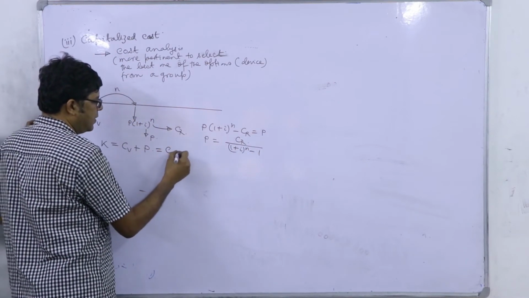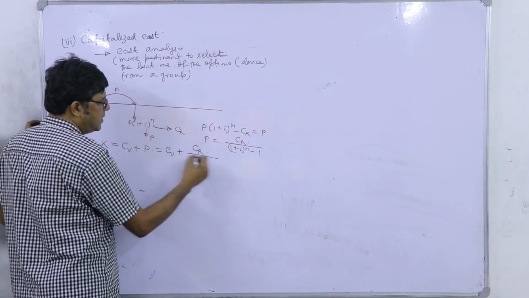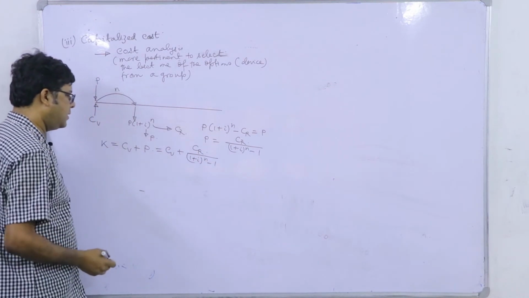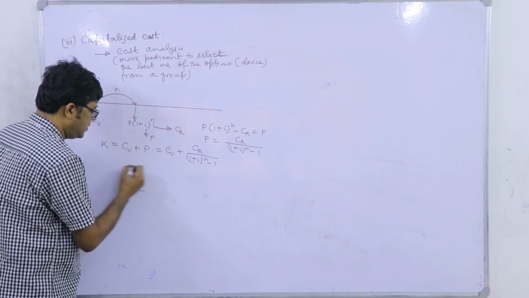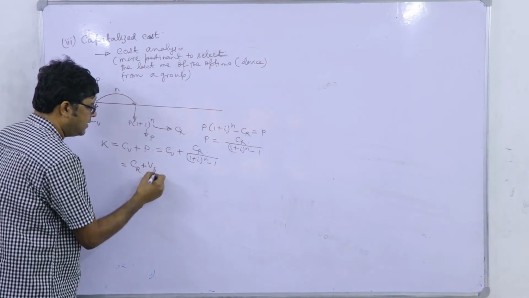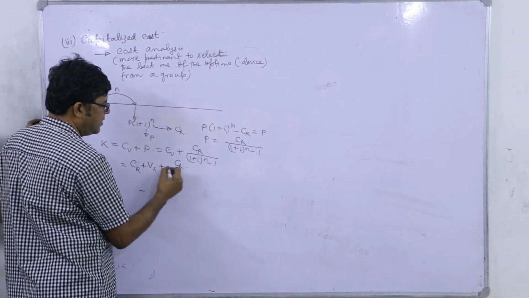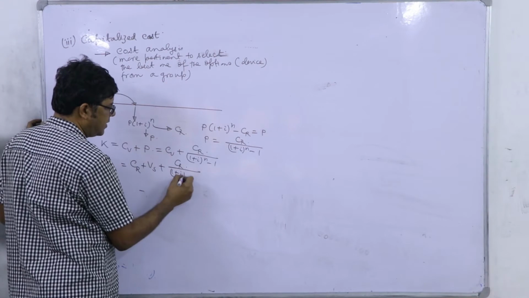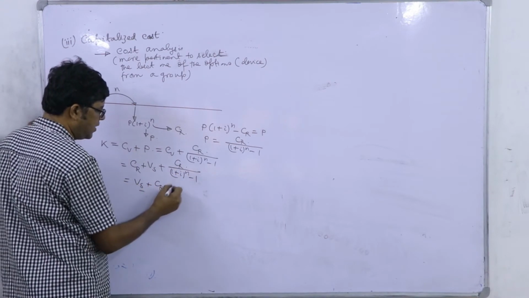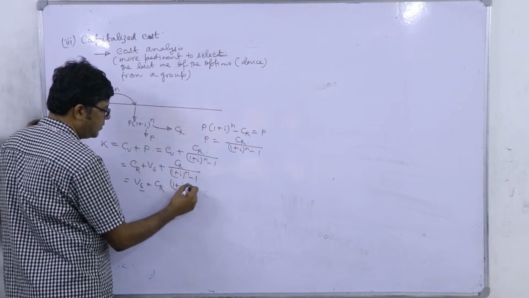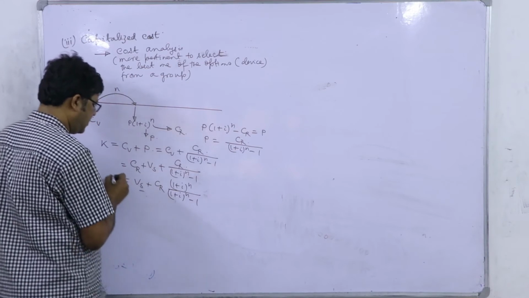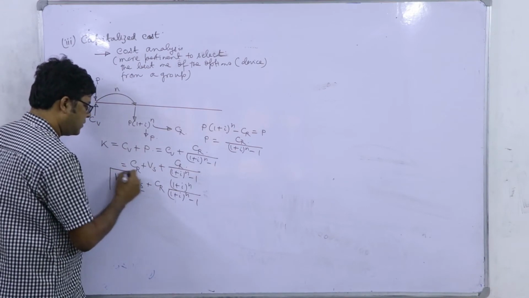So capitalized cost is CV plus CR divided by 1 plus I to the power n minus 1, right? And as we have mentioned that CV is replacement plus salvage plus CR divided by 1 plus I to the power n minus 1. So we get VS into CR into 1 plus I to the power n divided by 1 plus I to the power n minus 1.